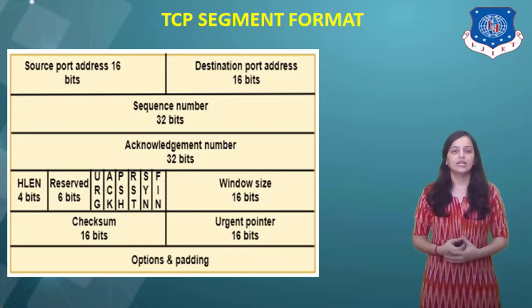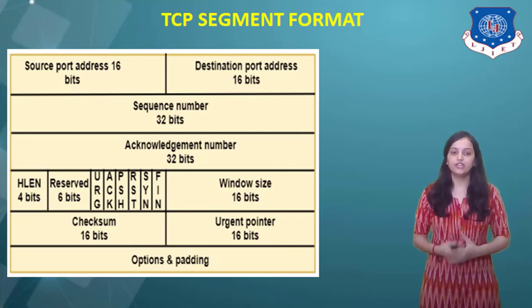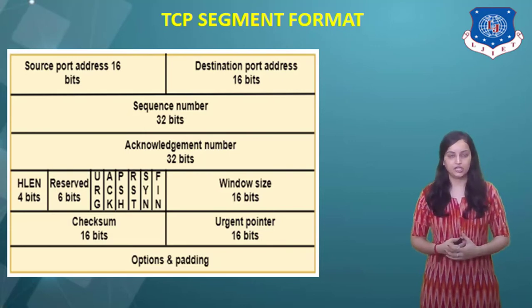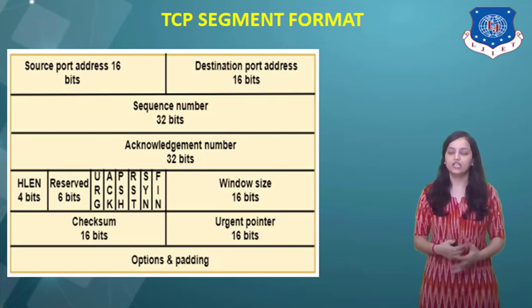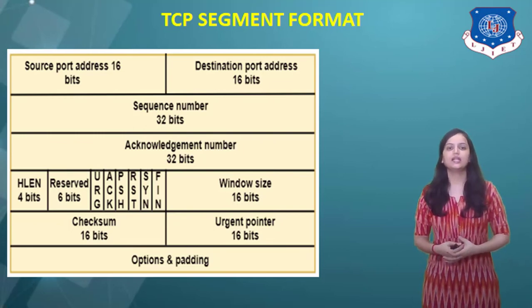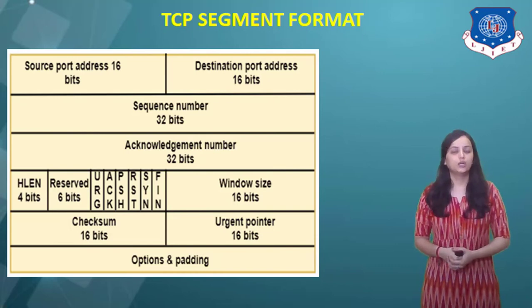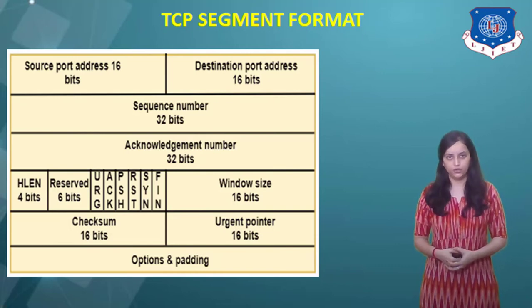Next is the FIN field. It informs the receiving TCP module that the sender has finished sending the data. So it is used for connection termination. That means it indicates the finishing of the data transfer. So these are the 6 types of flags in the control field. According to the requirement, they are made high or low.